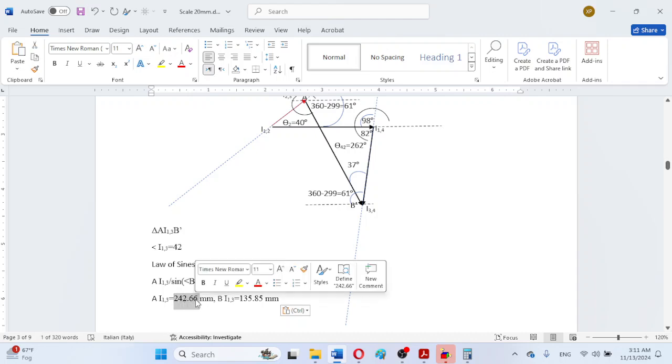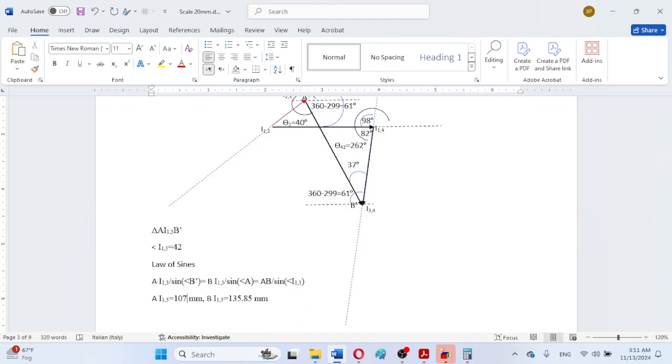So A I1,3 here comes to 107.93 millimeters.